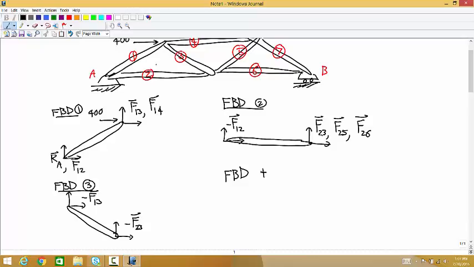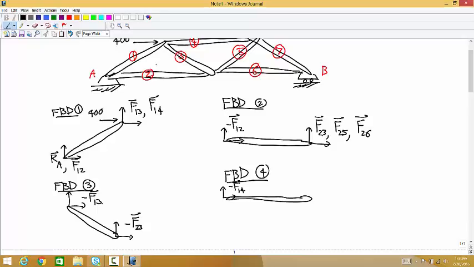Free body diagram of 4. Here we have negative F25 and F26. Why don't we have them on free body diagram 3? Why wouldn't we have 3-5 and 3-6?